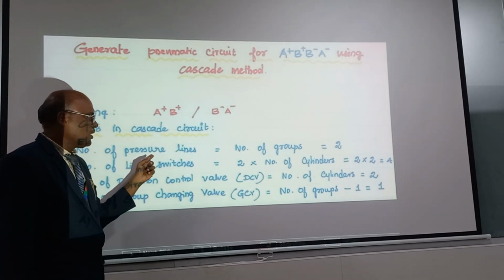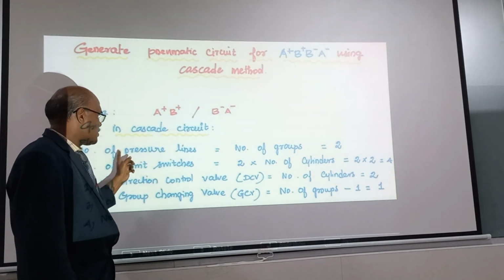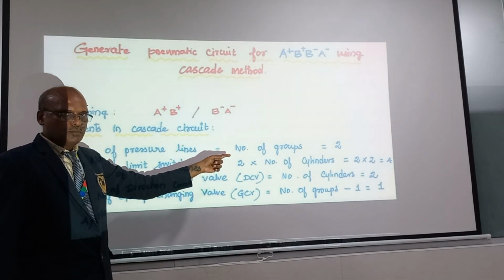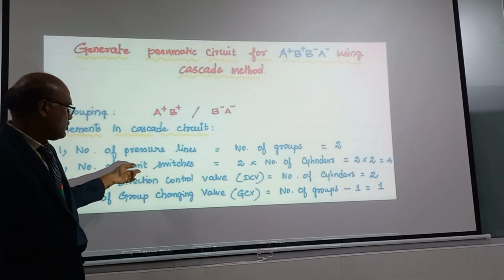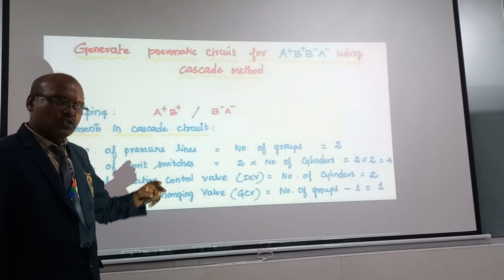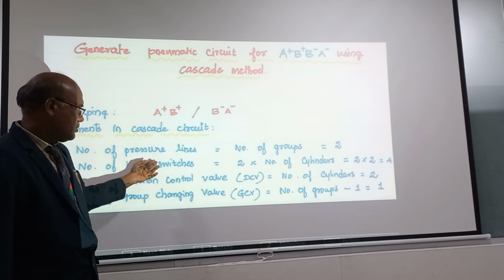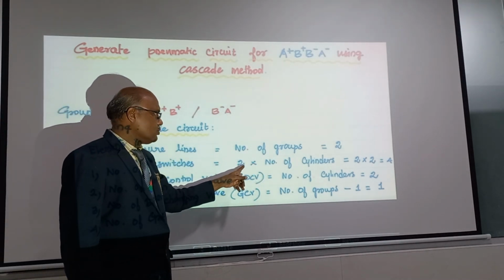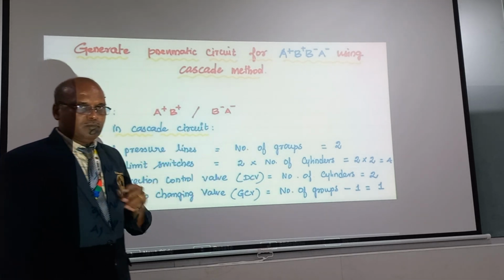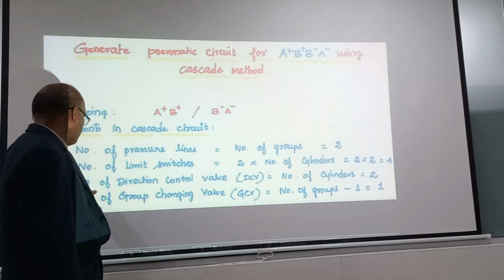Then to calculate pressure lines, number of pressure lines equals number of groups. If you have 2 groups, we need 2 pressure lines. Then for each cylinder we need 2 limit switches, as in the earlier elements. So number of cylinders into 2, so totally we need 4 limit switches for 2 cylinders.